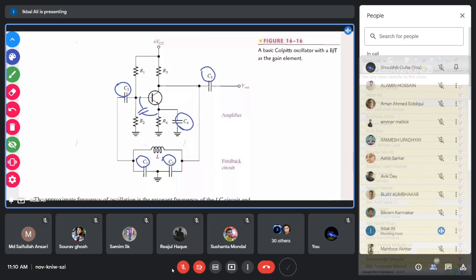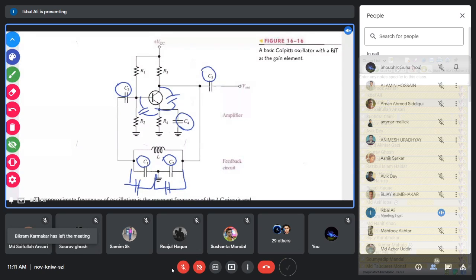Only the capacitances C3, C5, and C4 become short for AC operation. That is why this junction capacitance appears in parallel across C1 and C2, and that changes the frequency of operation of this circuit. So that is the reason this oscillator circuit is not stable. The frequency is not stable. It will be modified by the stray capacitances or the junction capacitances of the transistor.